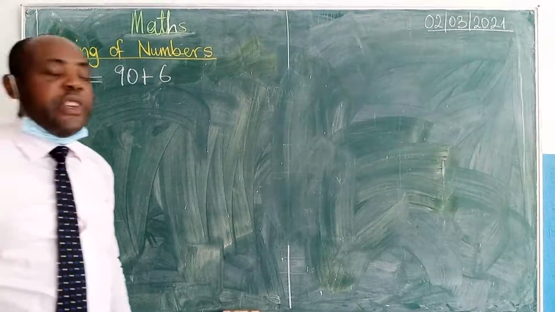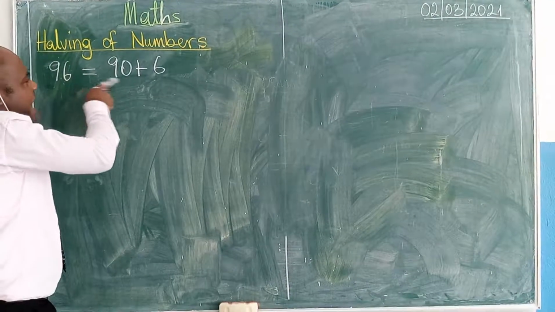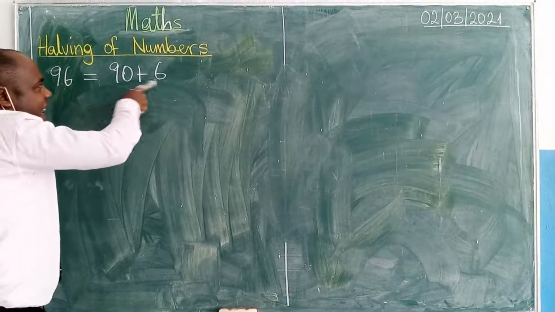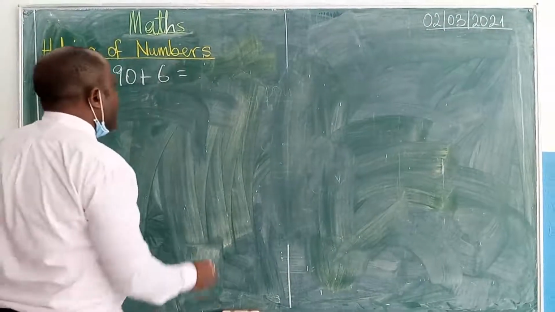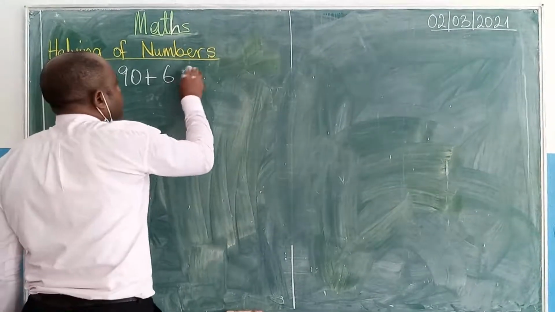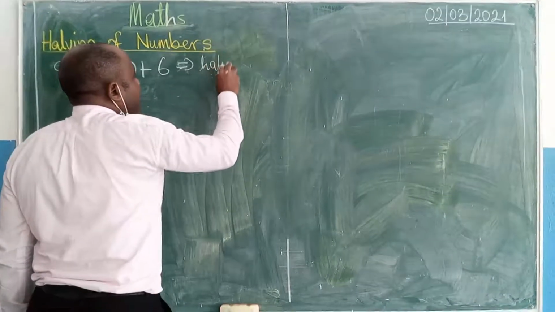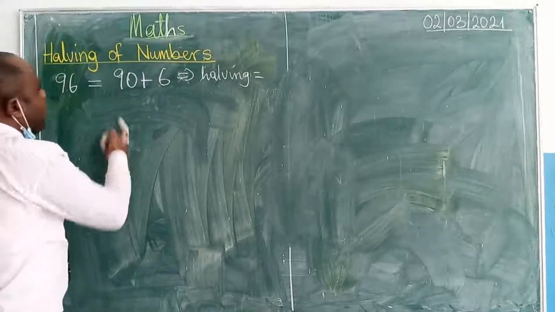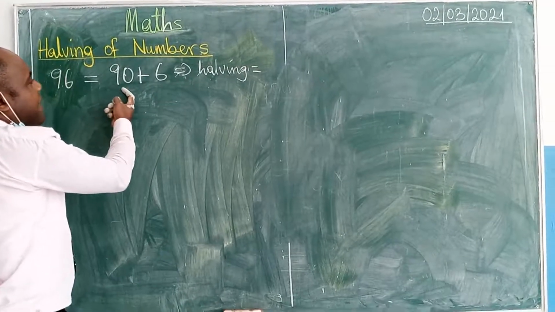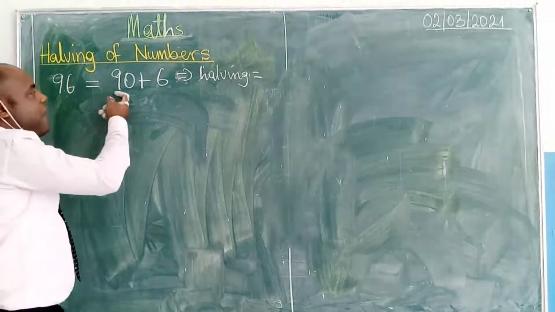We discover that it is very easy for us to have the half of 90 and the half of 6. We now go to halving, which will be 90 divided by 2, or which number can you add to itself to have 90?